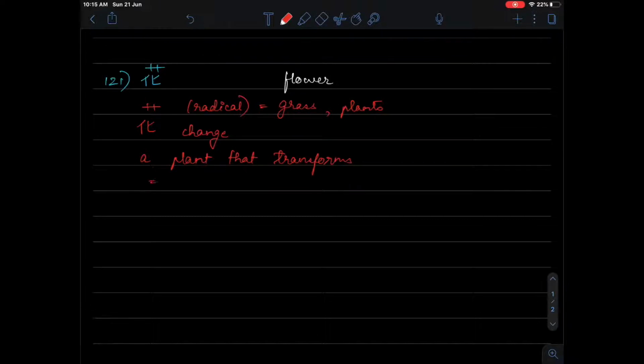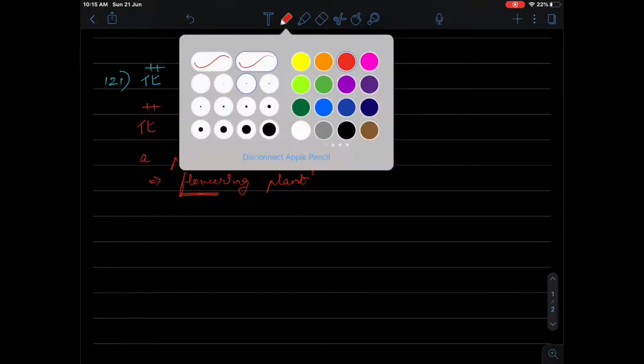That is to say, let it be a hint for a flowering plant, and from there you have your hint that the meaning for this is flower. It's a bit of a complicated way to remember this, but if the mnemonics help you out, you can use them. Otherwise, you can just try and memorize it as it is.